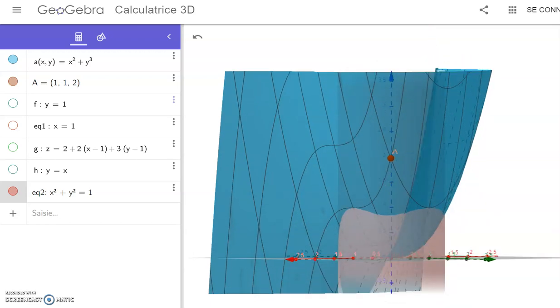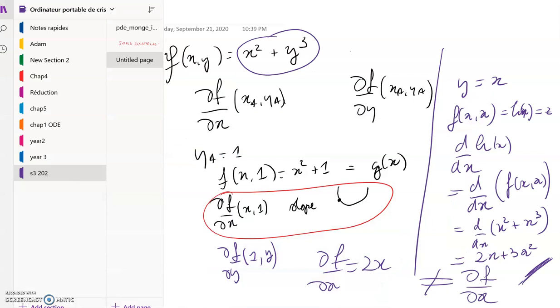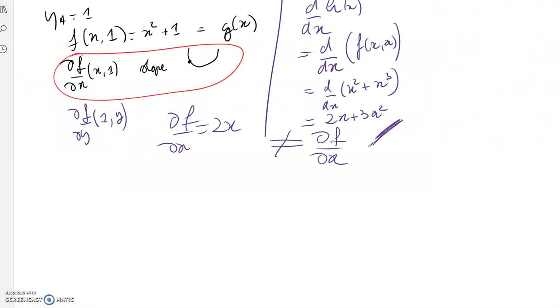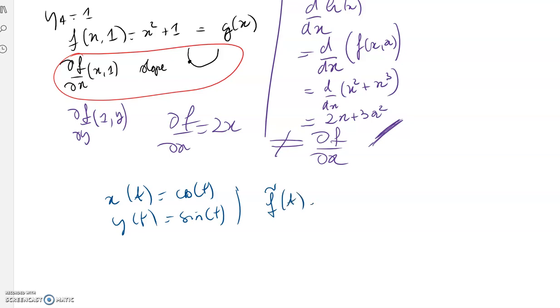Points of my unit circle can be described as x of t equals cosine of t, y of t equals sine of t, and so I would be able to create a new function, whichever name, f tilde of t, which would be f of cosine of t for the x, sine of t for the y.